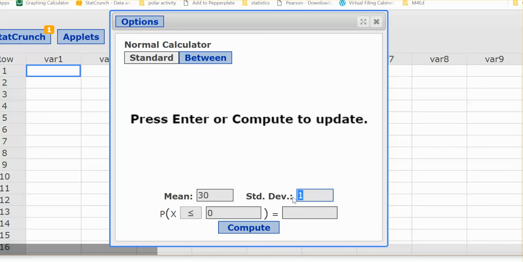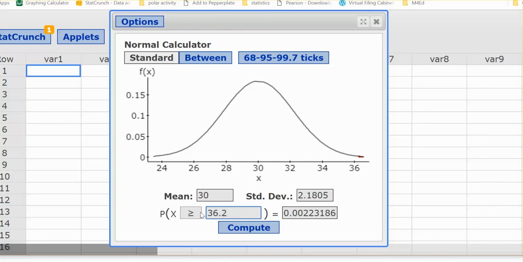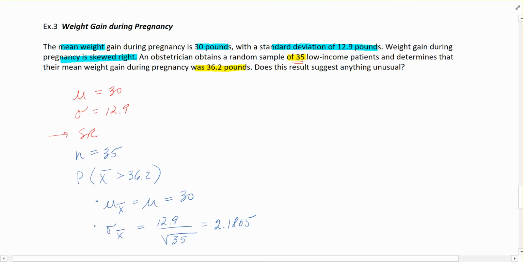The standard deviation I'm going to use is 2.1805, and I want to know, is it unusual to have pregnancies with a weight gain of greater than 36.2? You can see the probability of getting a sample where weight gains are greater than 36.2 is approximately 0.0022. So I'm going to put that down here.